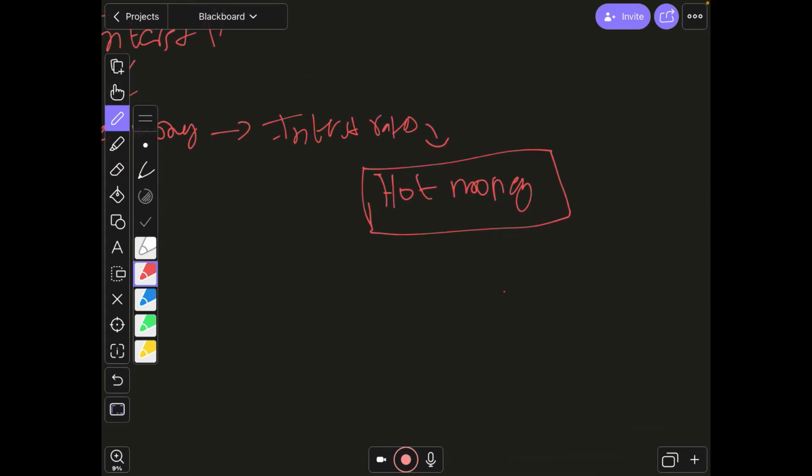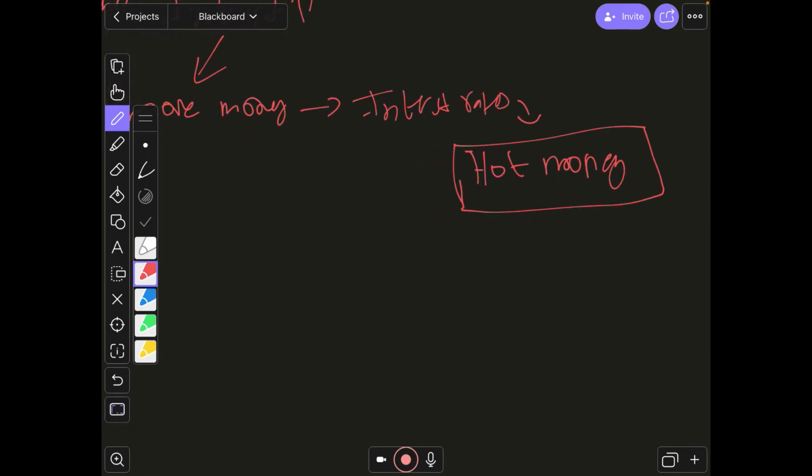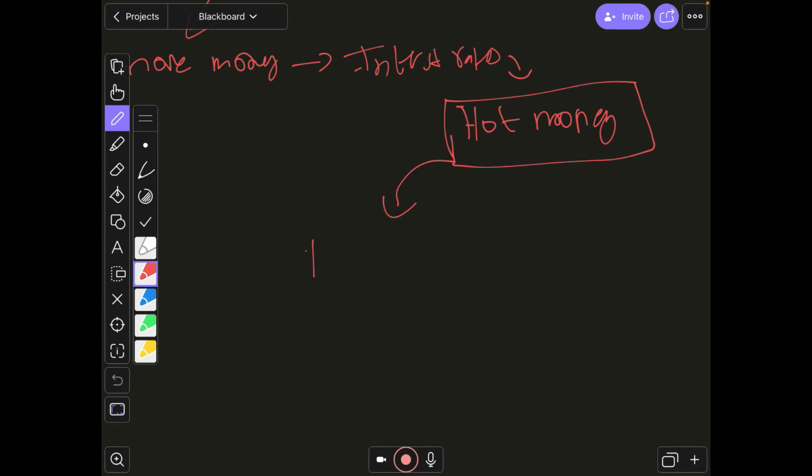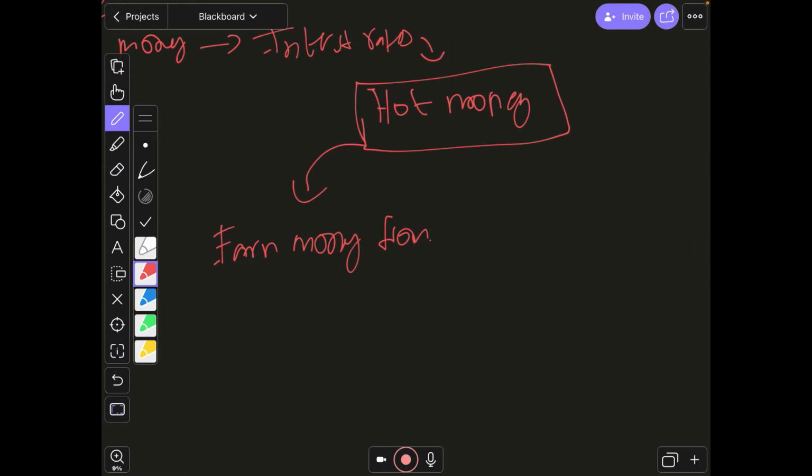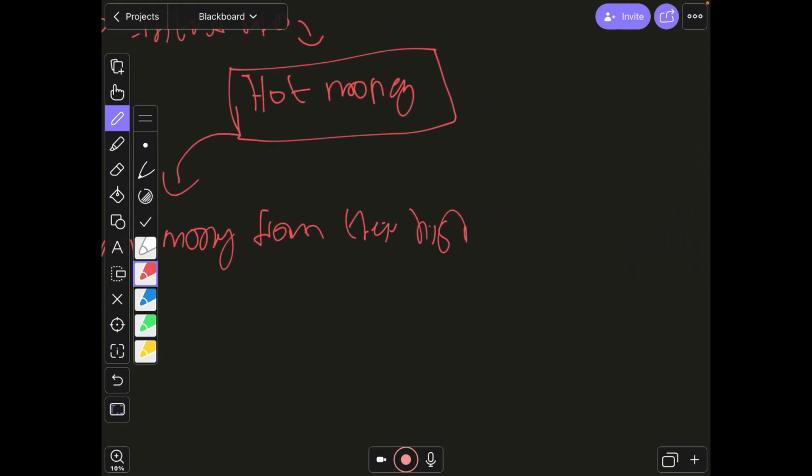So hot money is money which foreigners or people in other countries deposit into different countries to earn money from their high interest rates.